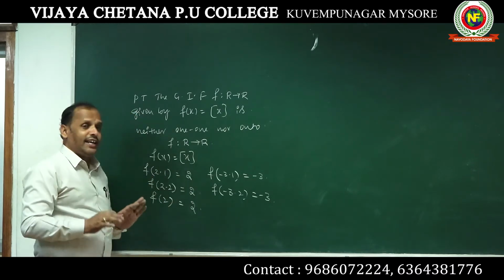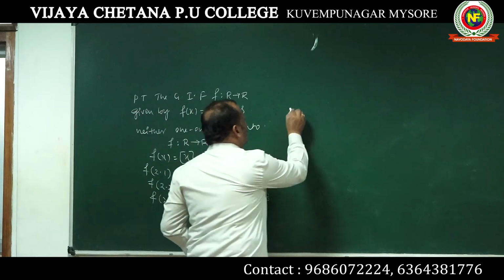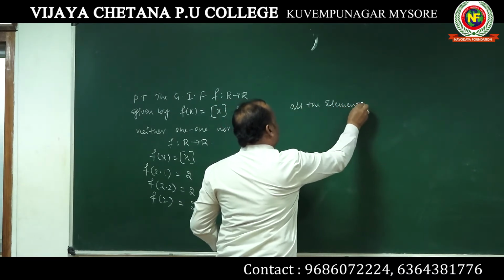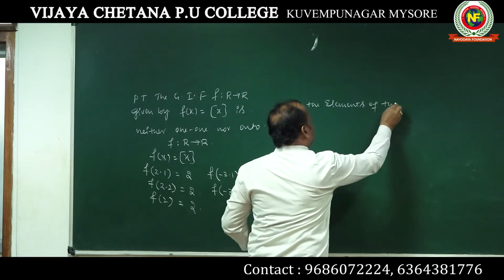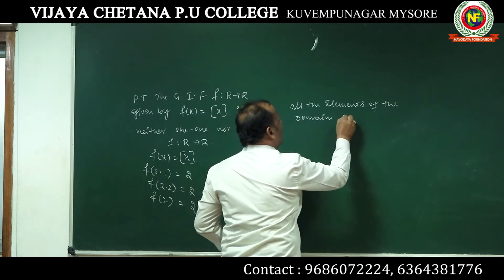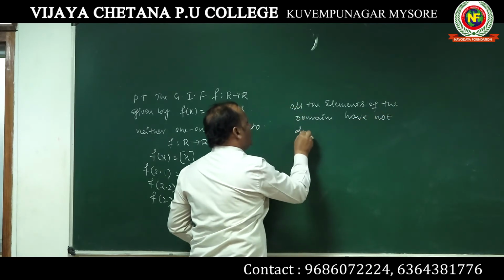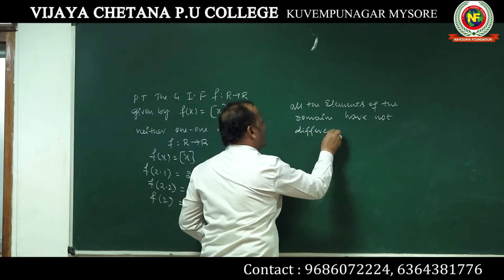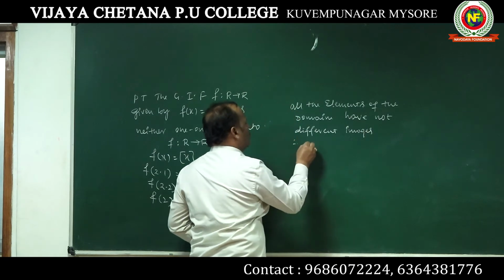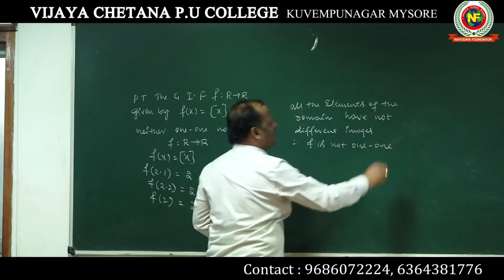Again I repeat, all the elements of the domain do not have different images. Therefore, f is not 1-1.